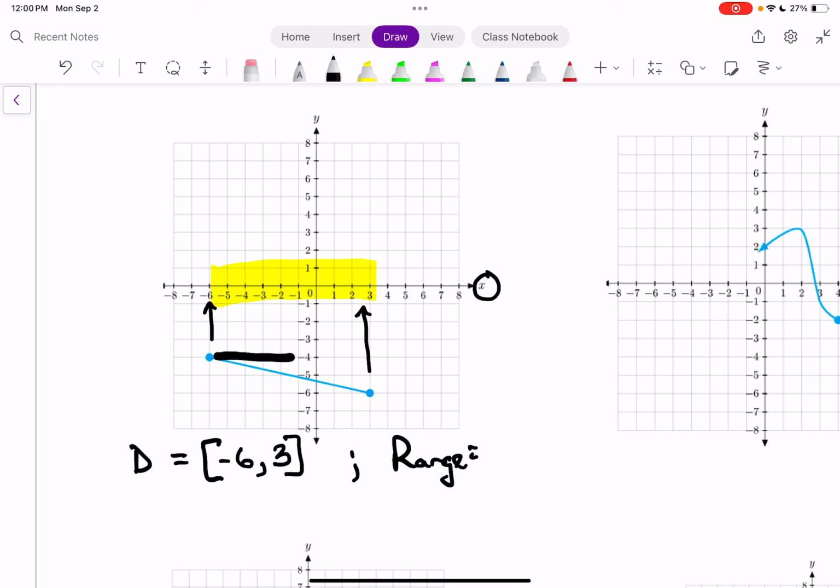So I have to look back to the y-axis, okay? That's the range. So what kind of y values are covered? So again, it's bubbled in, -6 up to -4. That's all I have covered by this graph.